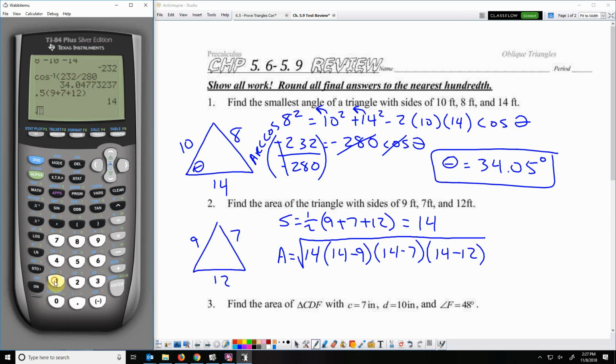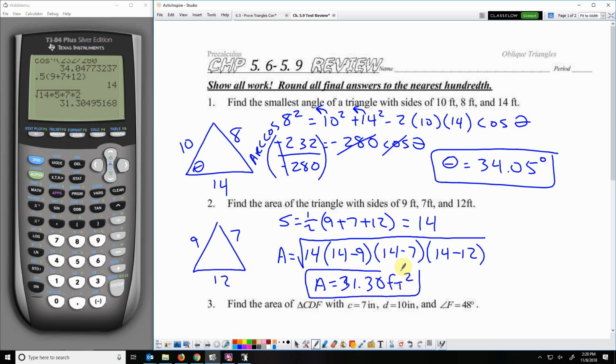So we've got the square root of 14 times, and 14 minus 9 is 5. 14 minus 7 is 7. And 14 minus 12 is 2. 31.30 is the area. And that is all in feet, so the area is in feet squared.